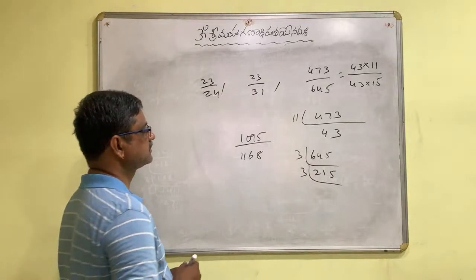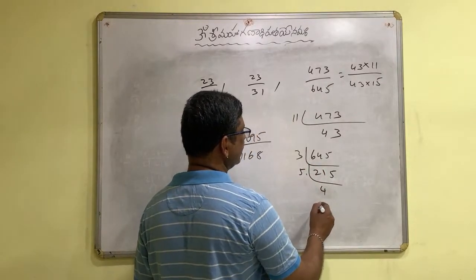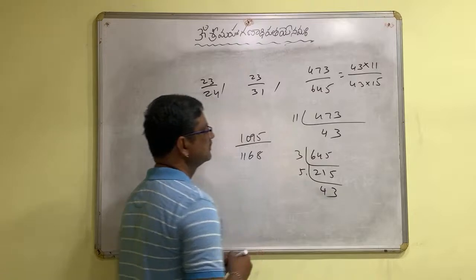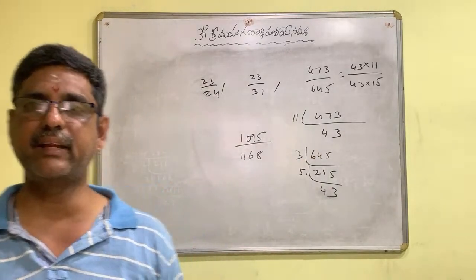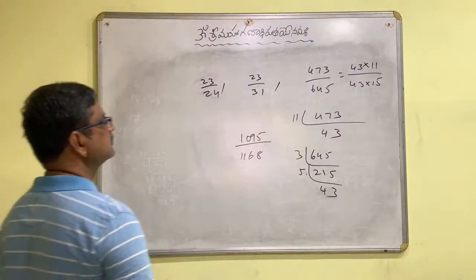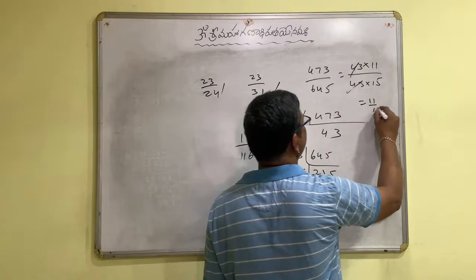So the 3 table doesn't work out here. 5 table. 5 4s are 20, 5 3s are 15. So you can observe 43 is there. So 43 gets cancelled. 11 by 15.